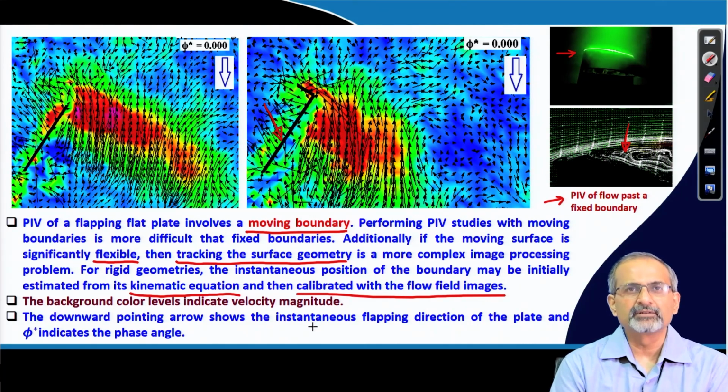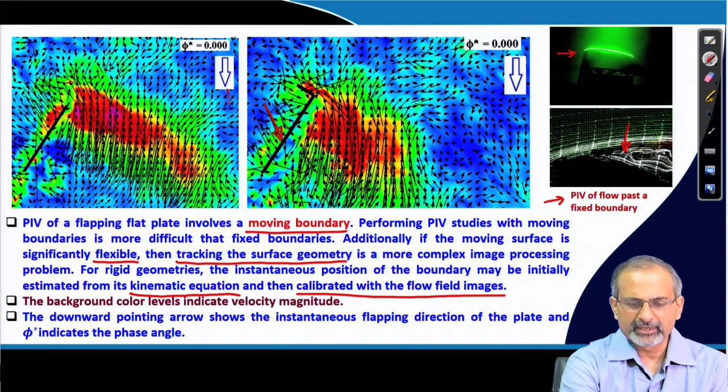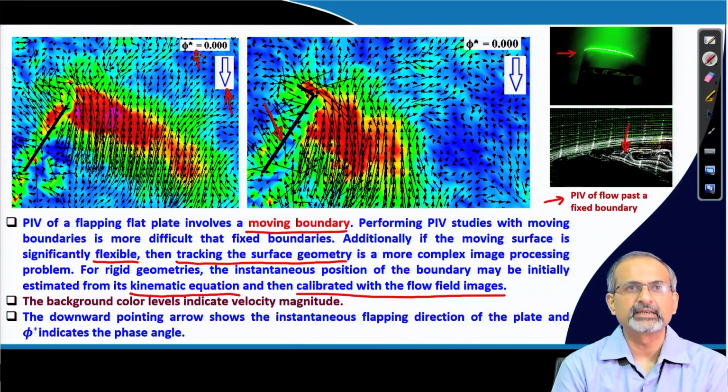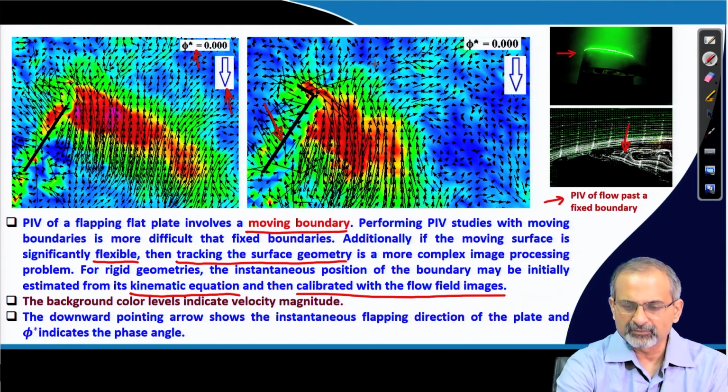The background color levels again indicate velocity magnitude. You see downward pointing arrow over here, and you also see a phi star. So, what do they indicate? The downward pointing arrow shows the instantaneous flapping direction of the plate, and the phi star indicates the phase angle. So, this plate will be moving down and then again coming back up.